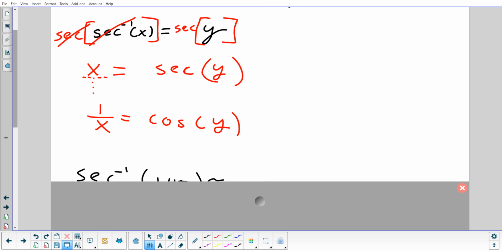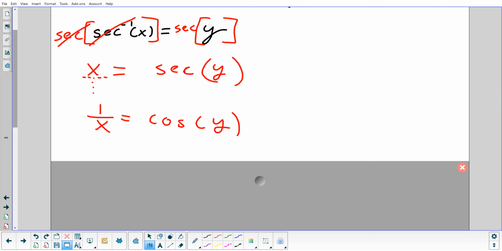Now, how do you think we could get rid of this and get the y by itself again? What function could I use on both sides that cancels out cosine? And it's a function we have a button for on the calculator. Would you multiply both sides by cosine? Not cosine, but what would cancel out cosine? Inverse cosine.